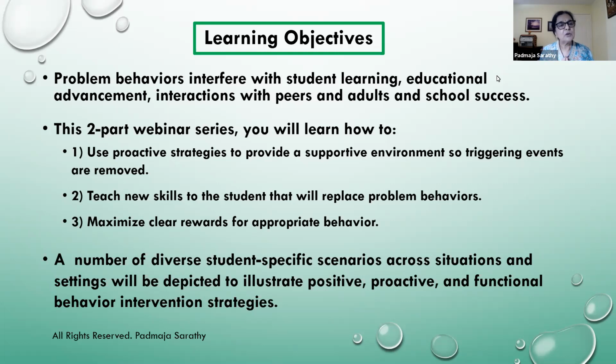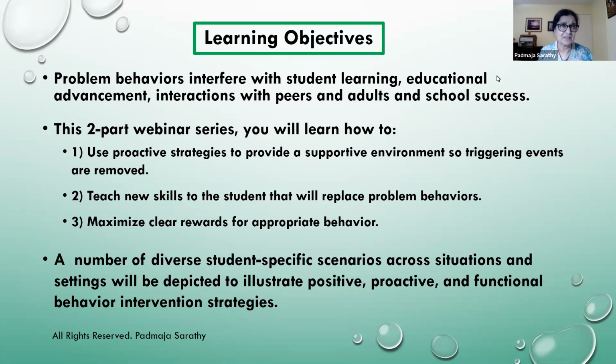So we are going to be looking at what we can do proactively so that we can provide a supportive environment, so that before the behavior escalates, we can prevent it. And one of the things we have to be constantly asking is, are the current strategies we are using really making an impact?